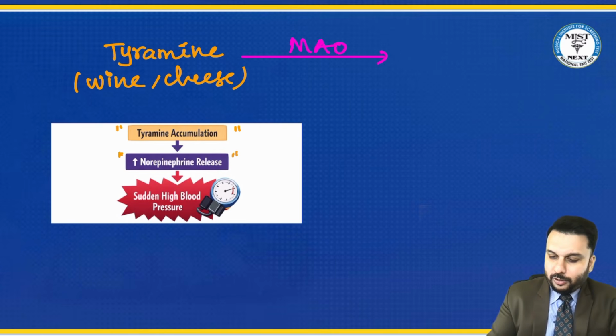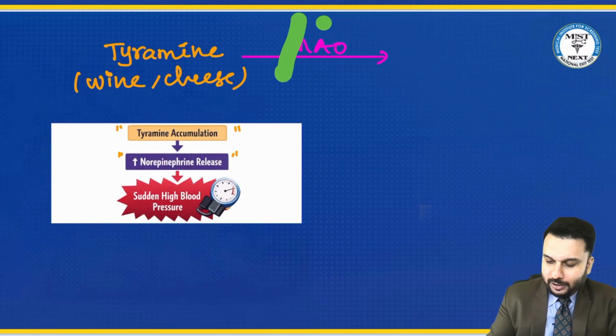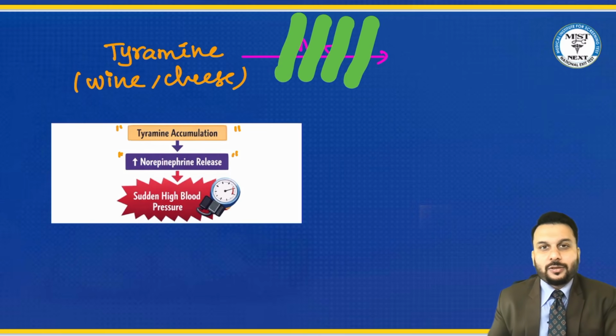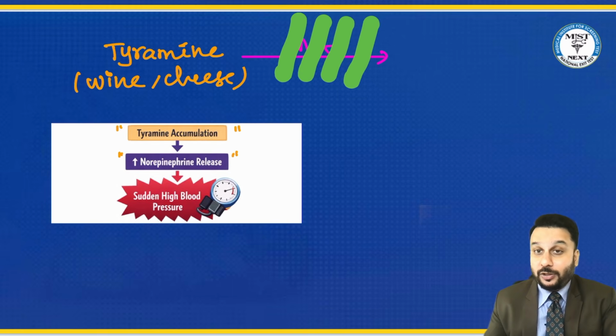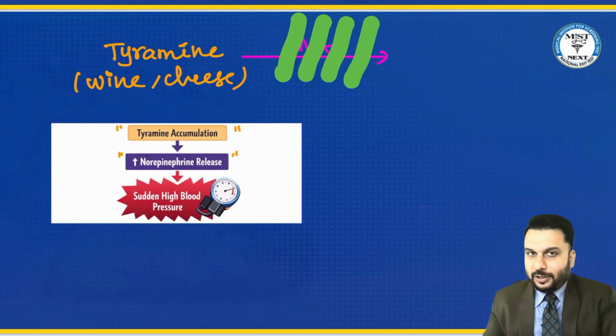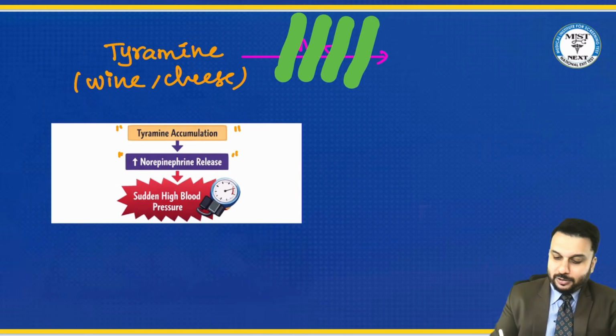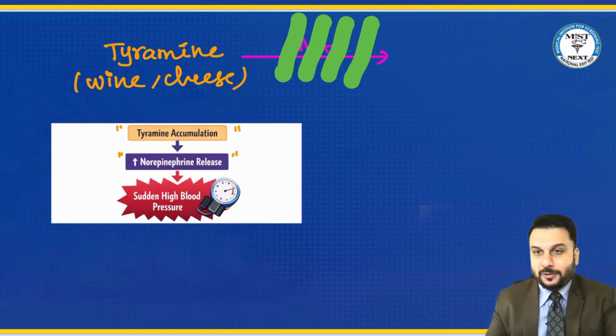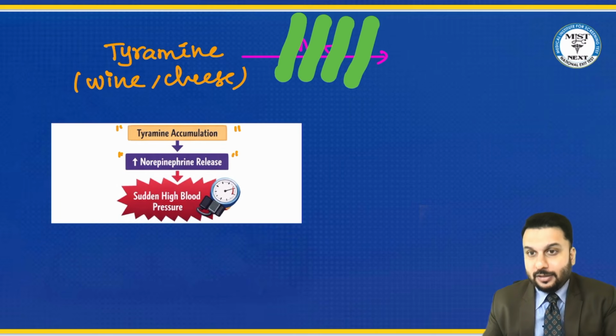But on the contrary, in depression, we take drugs called MAO inhibitors. Yes or no? We take MAO inhibitors in depression. So if you're taking MAO inhibitors, now if you drink wine or eat cheese, what will happen? Tyramine will accumulate, and that will increase the noradrenaline, and that will increase BP.